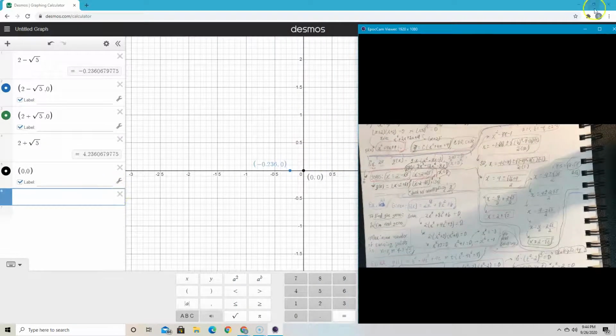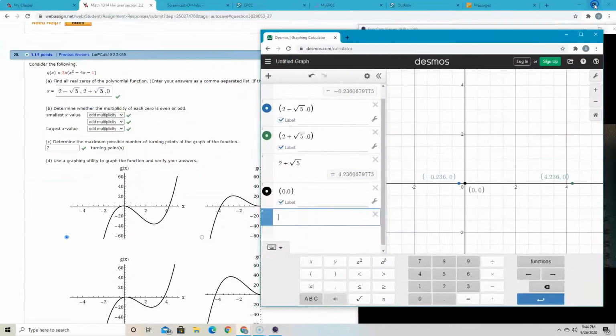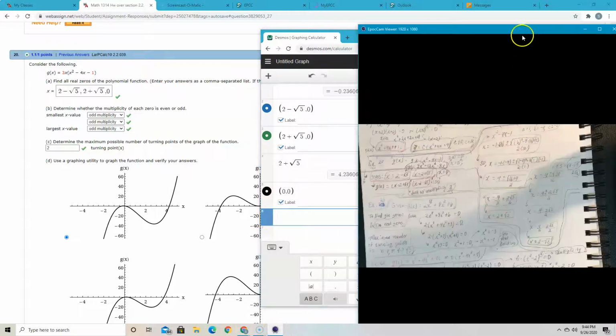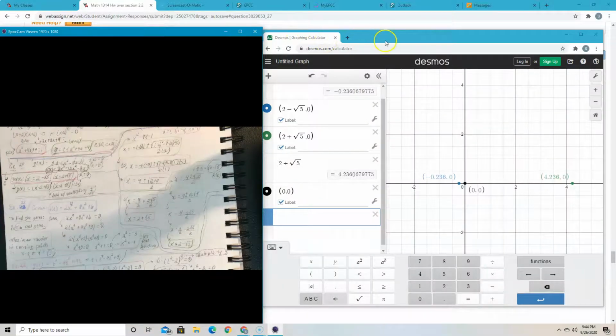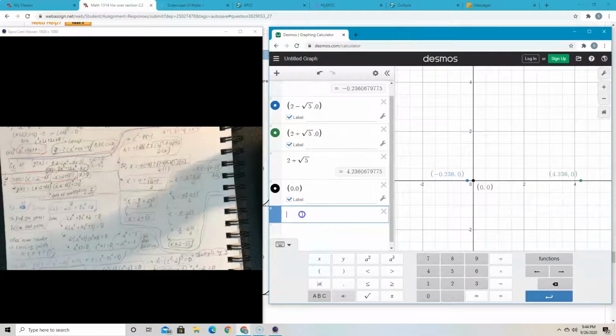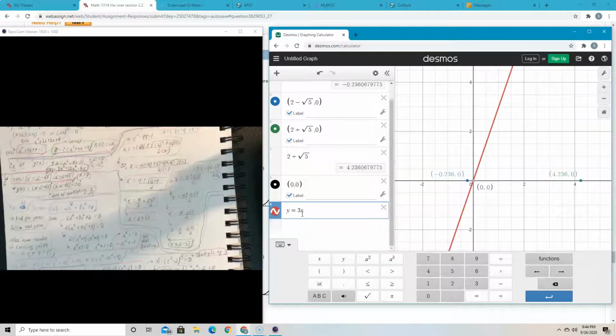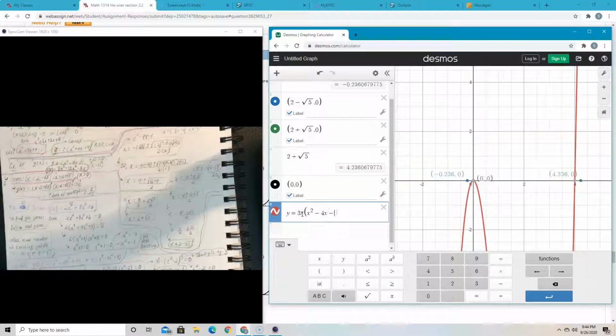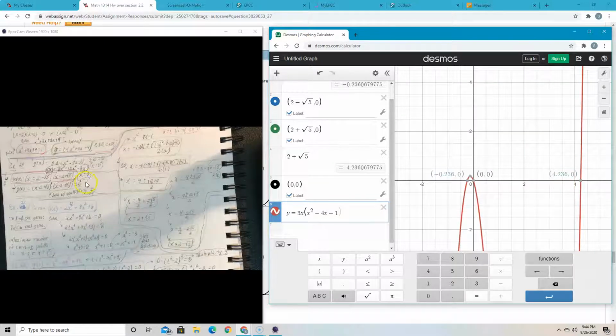So y equals, what they gave us was 3x times the quantity x squared minus 4x minus 1. That was right here. Looks kind of small now.